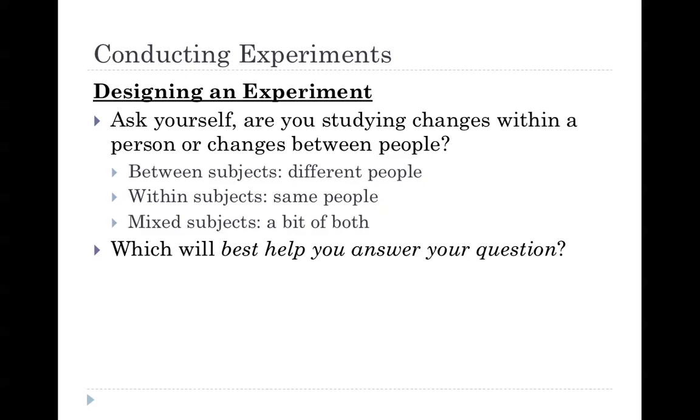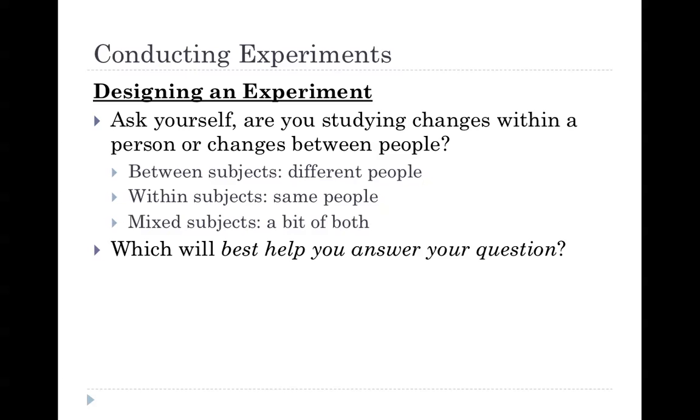And more so, this is between different people. So if you're using a between subjects design, comparing two different groups of people, you're really comparing different groups and not changes within an individual, how the same individual responds in different situations. You're more so concerned with how people in general respond to a situation.